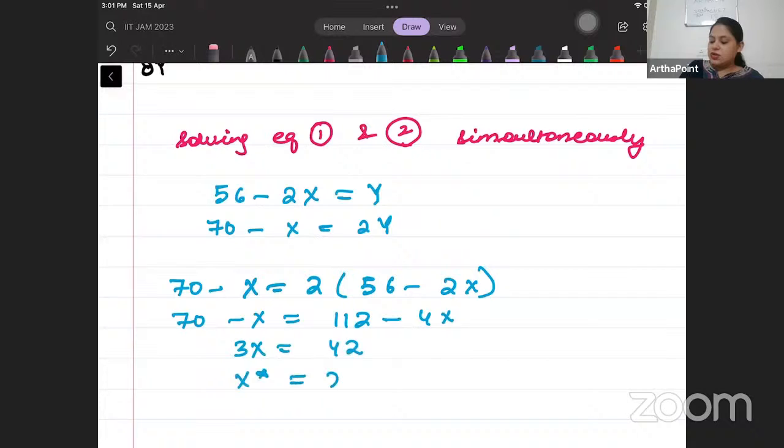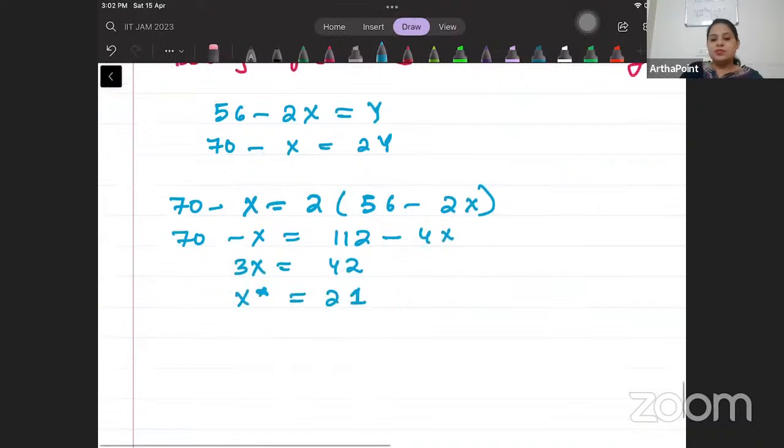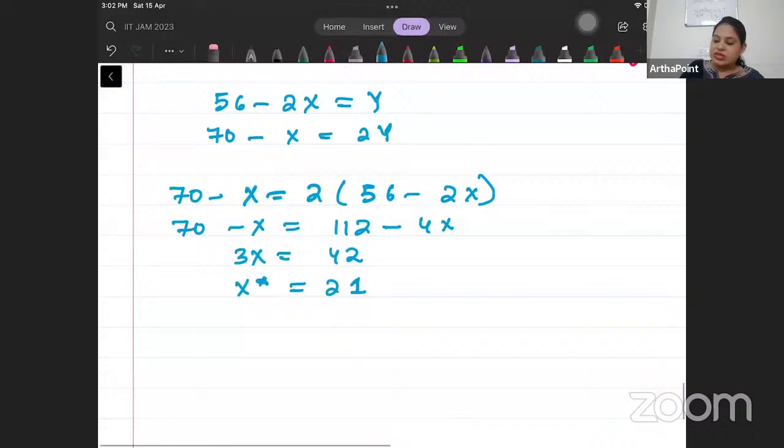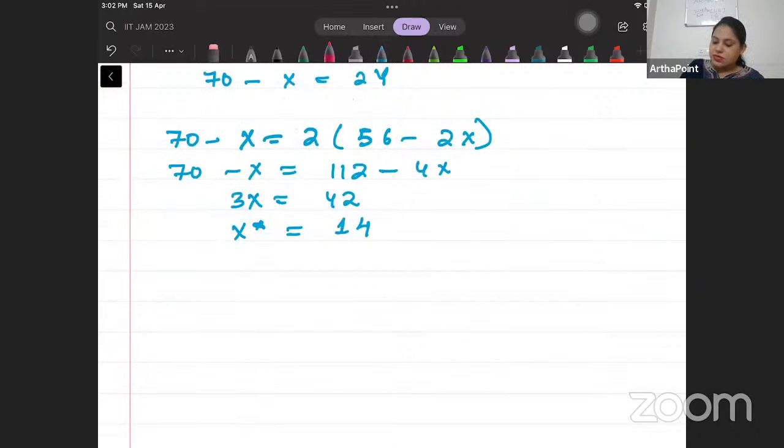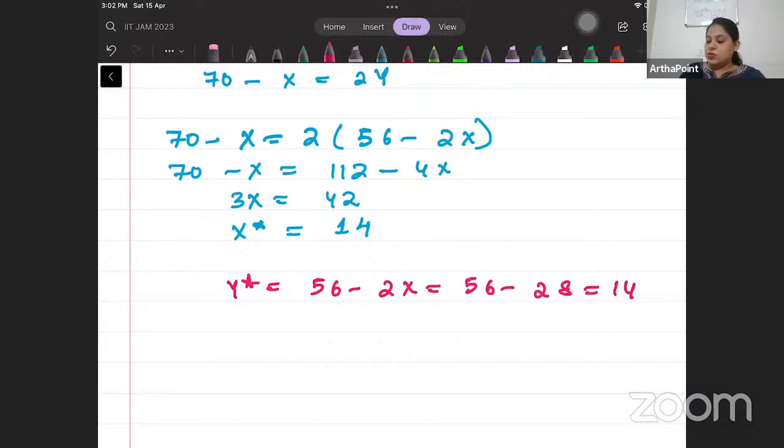X star will be 14. And y star is 56 minus 2x, so 56 minus 28, which will be 28. So I will have 14, 28.